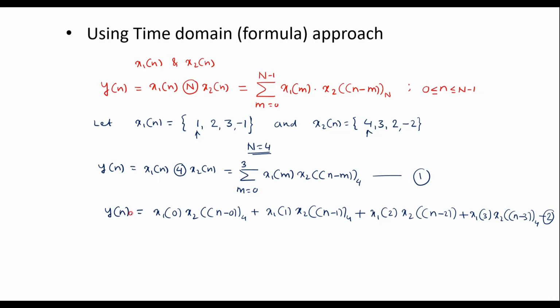Now we're solving equation 2 for different values of n. So in the first case, let n is equal to 0.